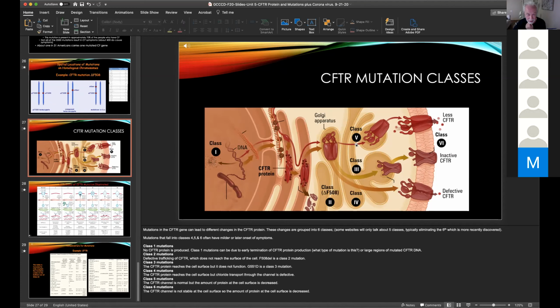Then there are classes 3, 4, and 5, which affect the translocation of the protein through the cell on its way to the plasma membrane. And then class 6 mutations, you have the protein in the plasma membrane, but it doesn't function properly. Either it doesn't transport chloride ions, or it transports them abnormally, less than optimally, and the cell suffers as a result of not being able to get chloride ions out.